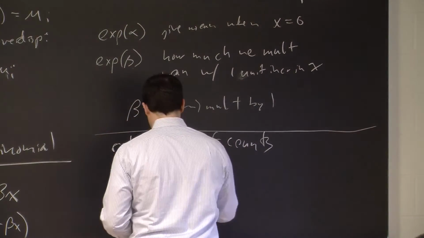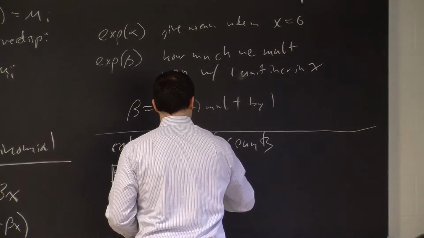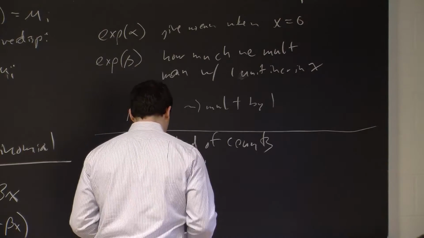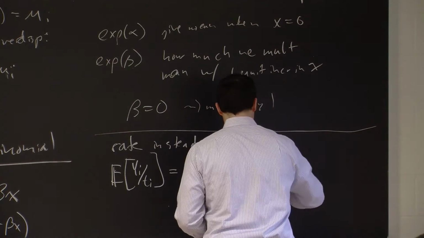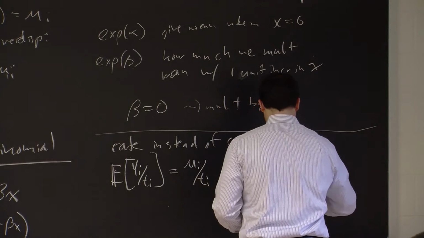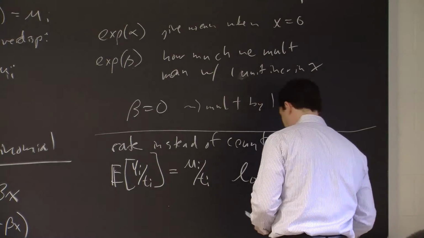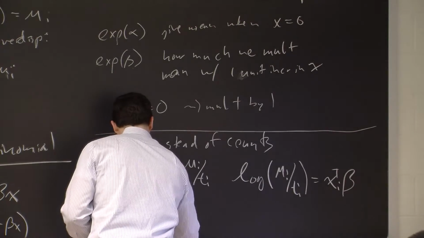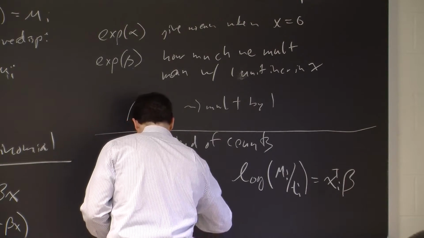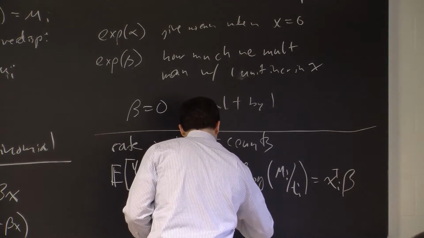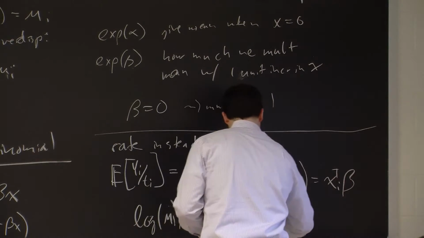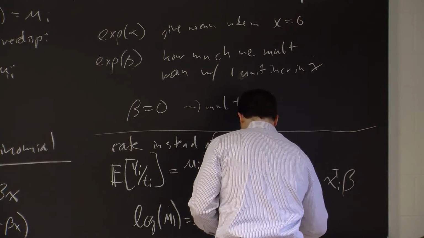So what we're saying is we think that this thing is some mu i over ti, and log mu i over ti has this linear form. Or log mu i is log ti plus xi transpose beta.